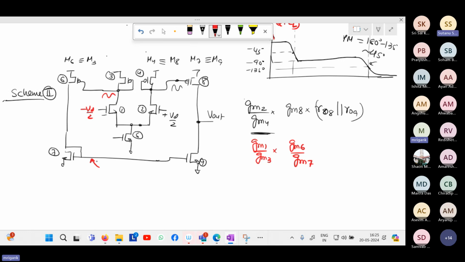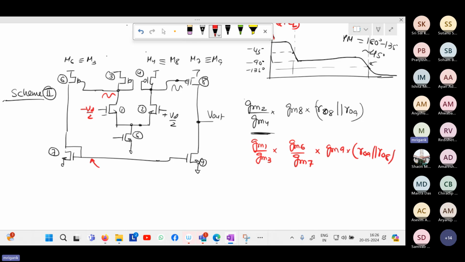Then, sir, again, it will be from the gate to the drain. Again, it will have a gain of GM9 multiplied by RO9 parallel RO8.